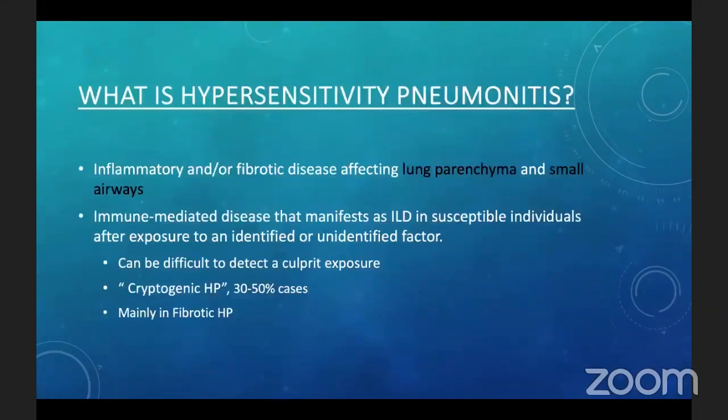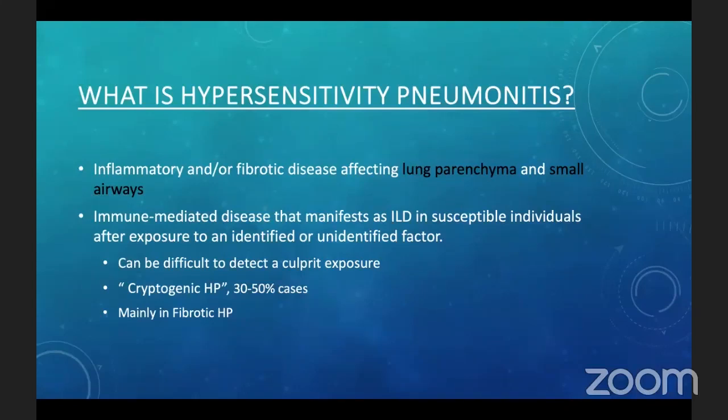So, to start with, just a very easy definition of hypersensitivity pneumonitis. It's a combination of inflammation and fibrotic changes that can affect the small airways and the lung parenchyma. You might have only the inflammation at the early stages of the disease, and later on in the disease, you also develop fibrosis.